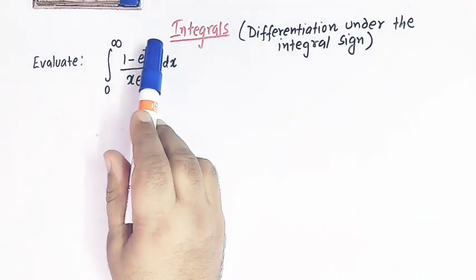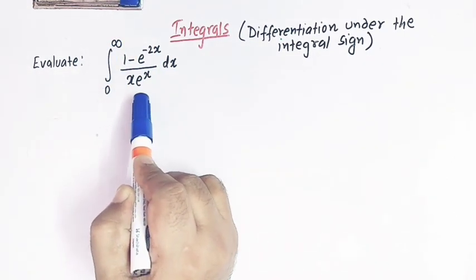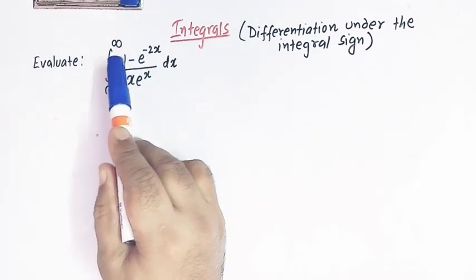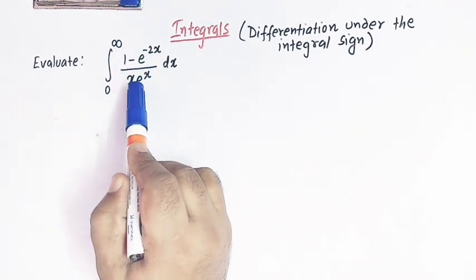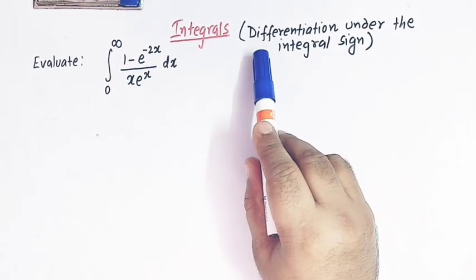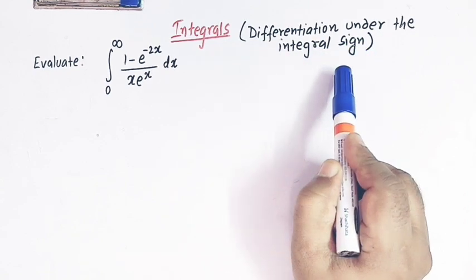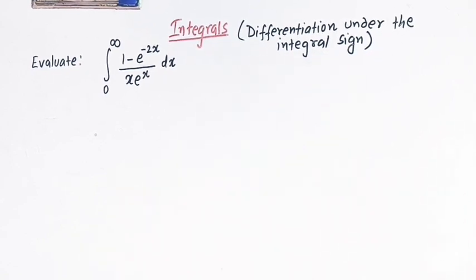In this lecture, we'll learn how to find the value of this integral using the concept of differentiation under the integral sign, which is also known as the Leibniz Integral Rule.